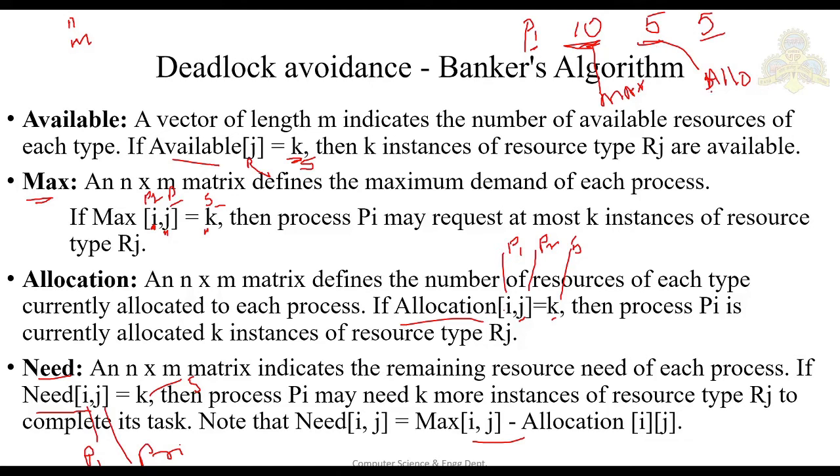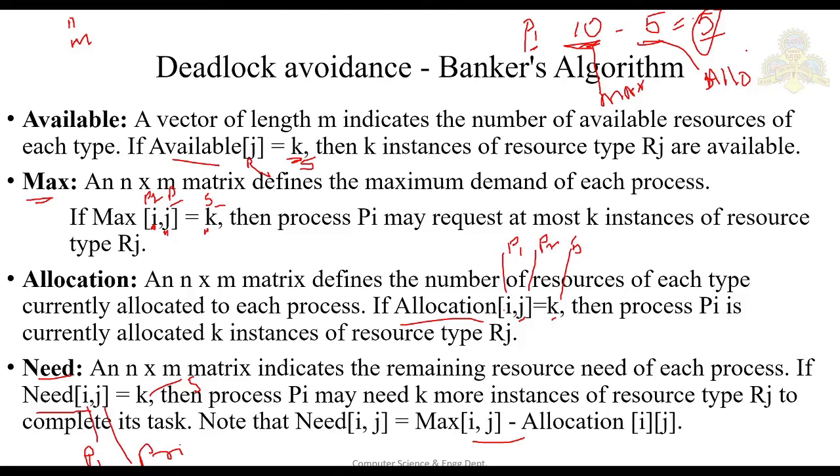Maximum minus allocation. 10 minus 5 is equal to 5, right? So maximum minus allocation is equal to the need. So your process P1 still needs 5 more resource instances to complete its execution. Fine. So these are the 4 data structures that are available in the banker's algorithm.